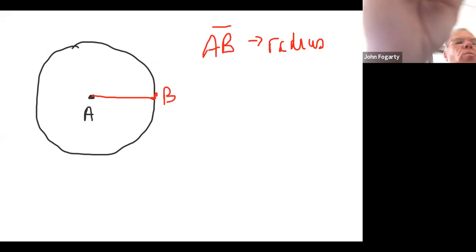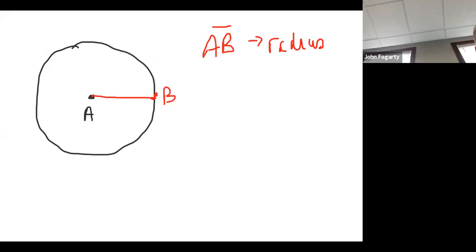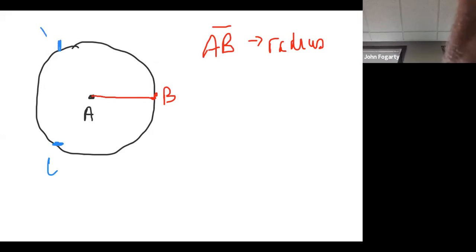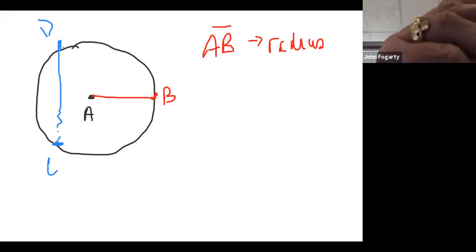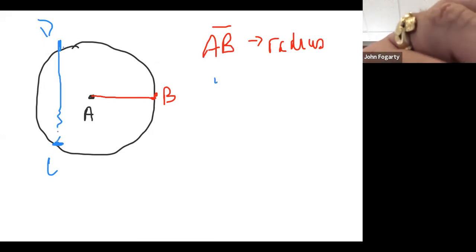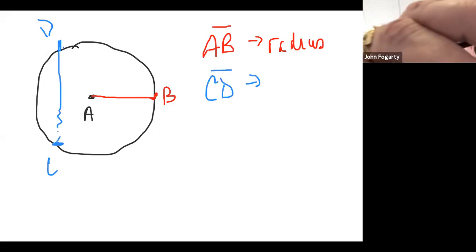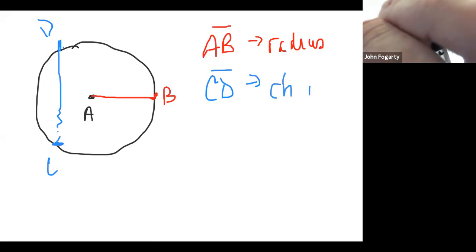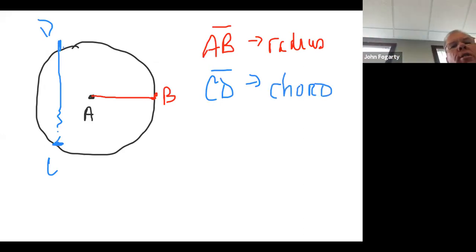The second one we talked about looks a little bit like this. So this is C and D. If I draw that line segment, line segment CD is what we call a chord. A chord is any line segment where the endpoints are points on the circle.